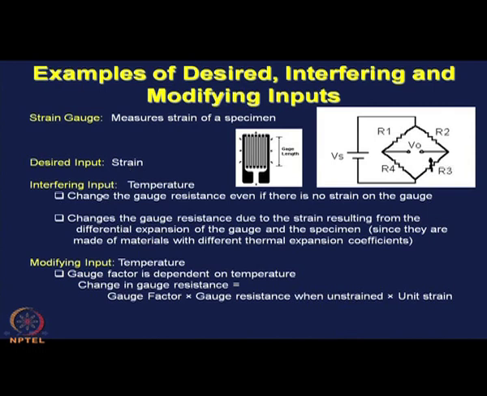But the temperature can act as an interfering input, because temperature can change the gauge resistance even if there is no strain on the gauge.